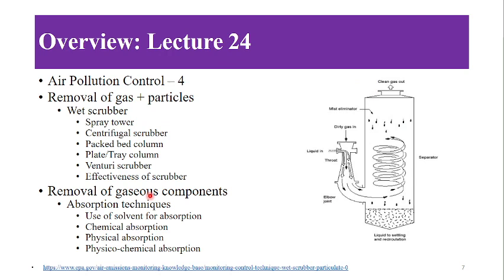Next, the removal of a combination of gas and particles was discussed, and in that, the wet scrubber is generally used, and it can be of different types. It can be a spray tower, a column in which gas is introduced from the bottom and there is a spray of liquid at the top.